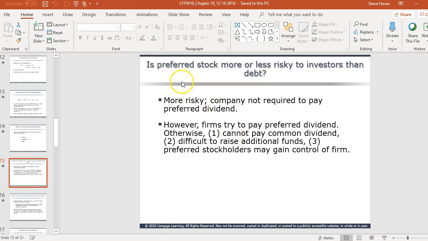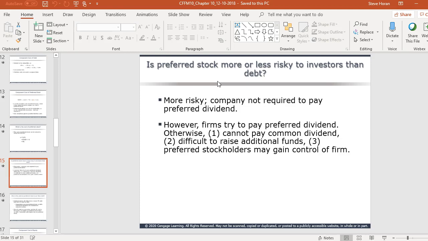And it says here, is preferred stock more or less risky to investors than debt? It might seem odd, but it's riskier, believe it or not, and it has a higher percentage also. That R sub P was 9, and that takes that into account. R sub D after the tax effect was 7.5.